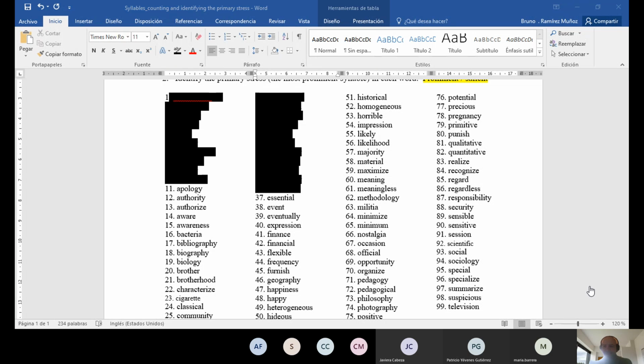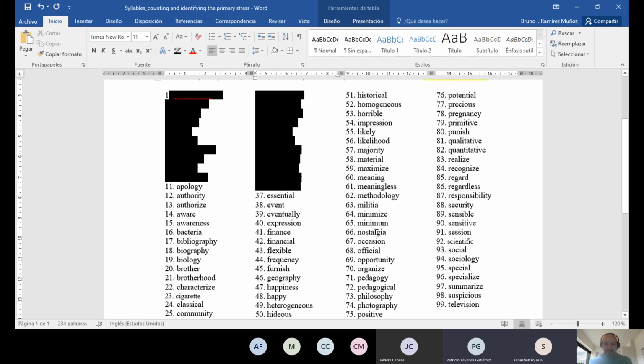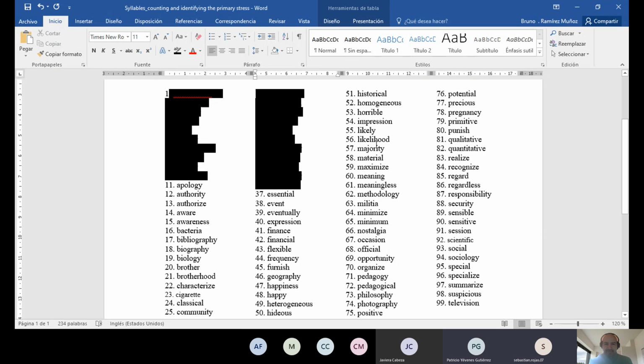So we can leave the words out that you worked with. I think we have to see the image from the last class to be sure. Yeah. Historical. I think that is the next. Yeah, from historical until meaning.